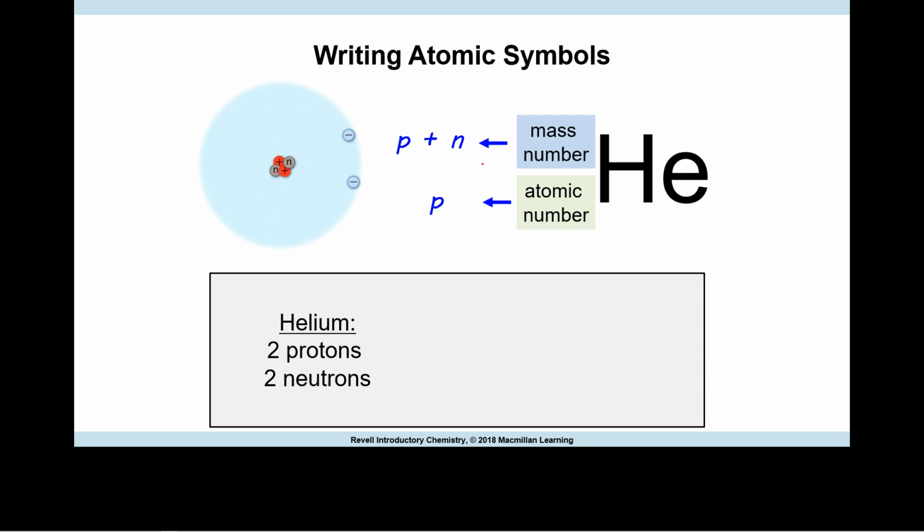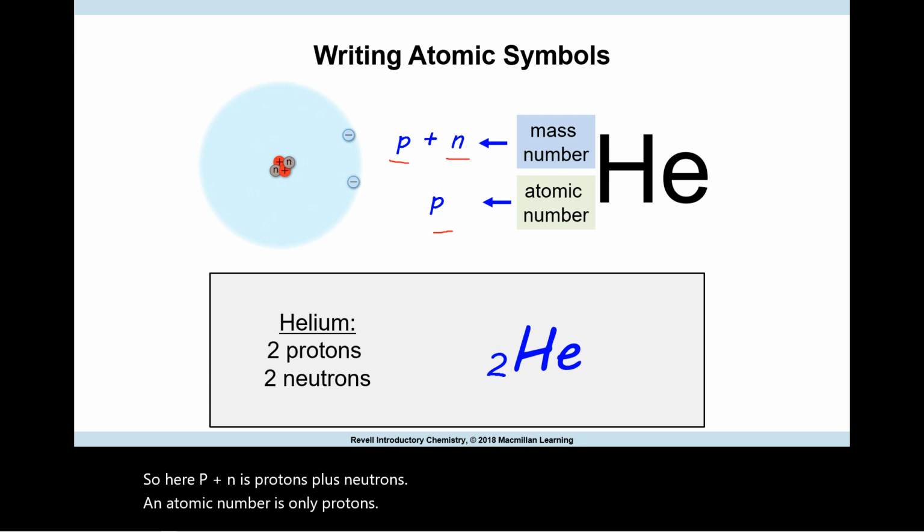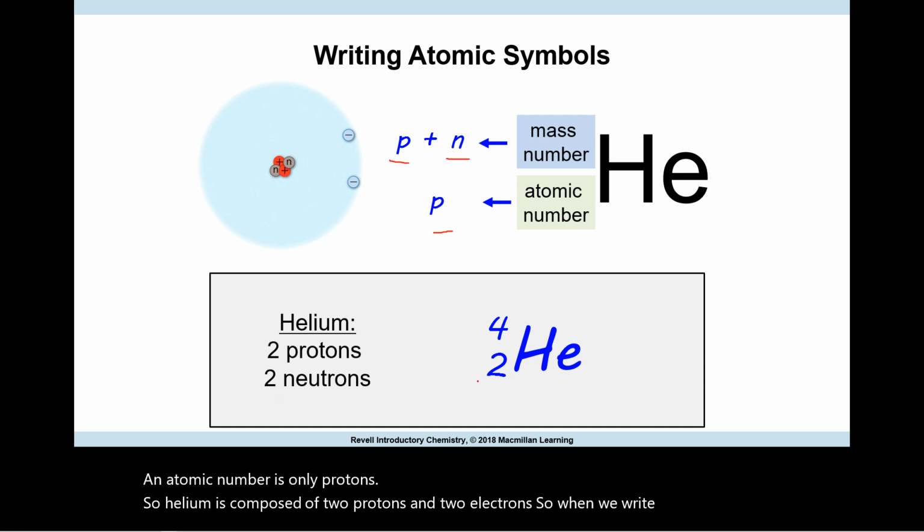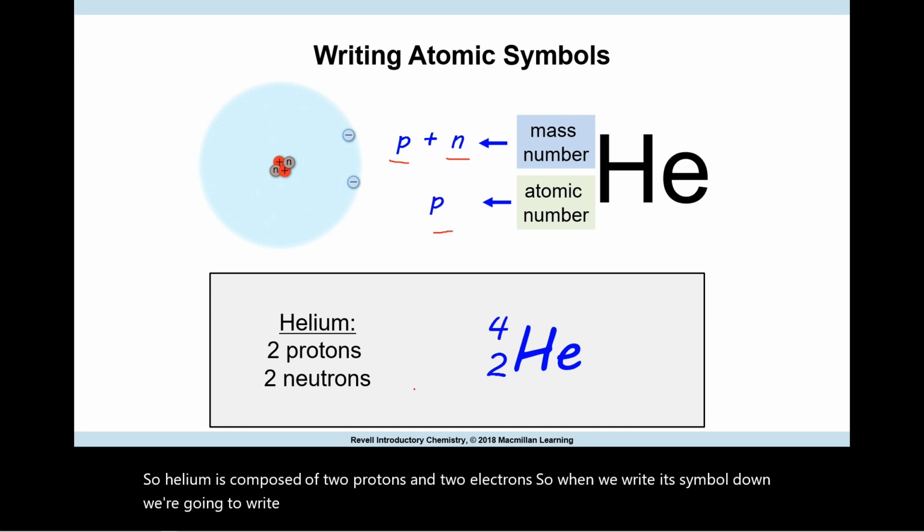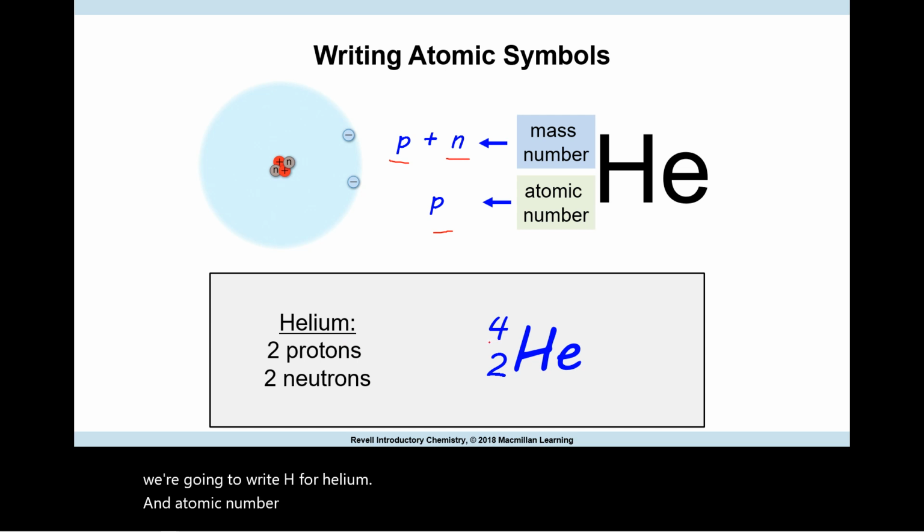Your mass number is most likely going to be in decimal format. So here, P plus N is protons plus neutrons, and atomic number is only protons. Helium is composed of 2 protons and 2 electrons. So when we write its symbol down, we write He for helium, and atomic number and mass number next to it.